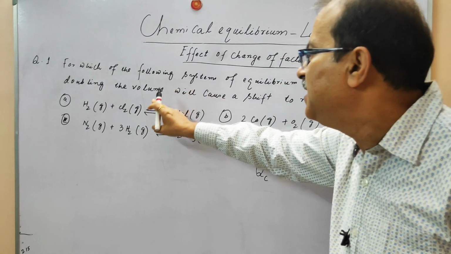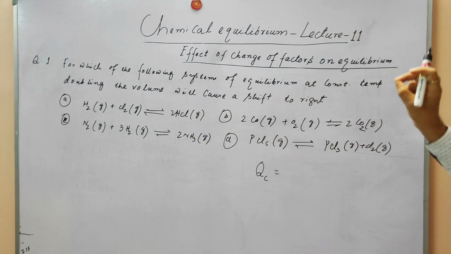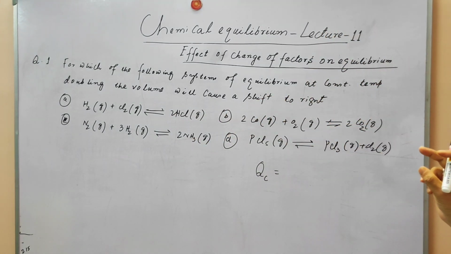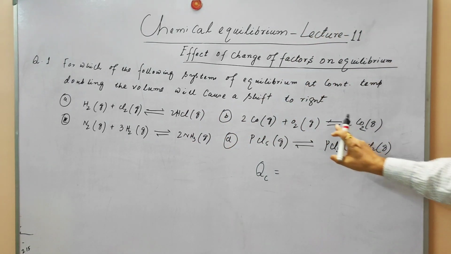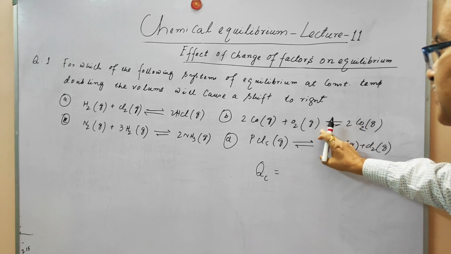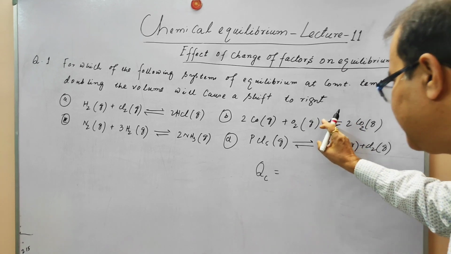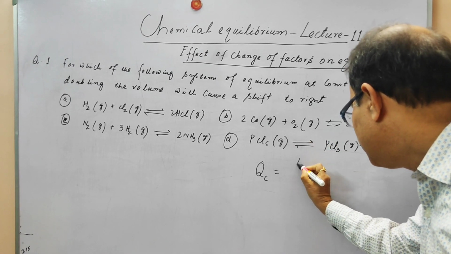When we are doubling the volume, we will find the reaction quotient is the same as the equilibrium constant for one of the reactions. For this one it is different, so let us calculate the reaction quotient.